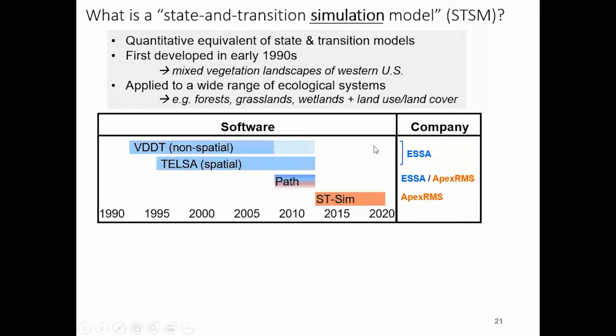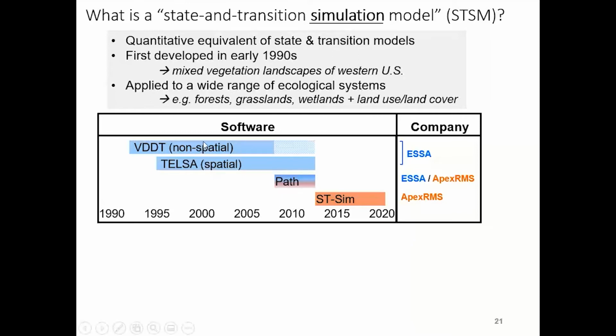But when we were at ESSA, it was a Canadian company that, mostly at the time in conjunction with the US Forest Service, were the lead developers of this. They developed a software tool called VDDT. If you Google it, you can still find stuff on it. And it was a non-spatial version of this kind of modeling tool. And Louis worked with VDDT. Leo has worked with it as well. We all have, because we kind of date.